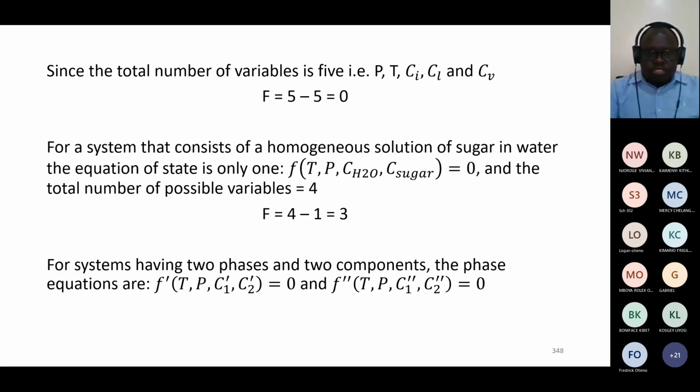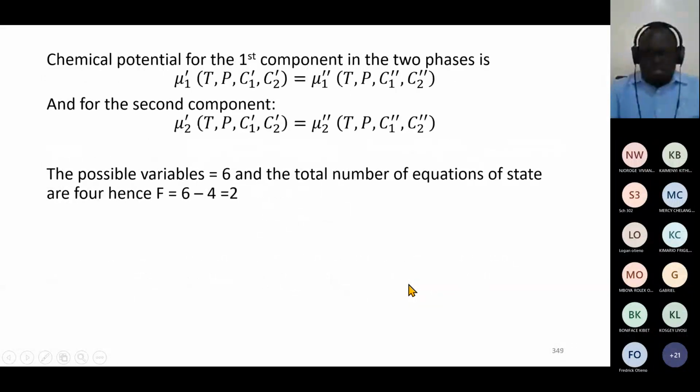So for the total number of equations, here we have 2 phase equations because we have 2 phases, and we have 2 chemical potential equations because we have 2 components in the 2 phases. So for the total number of variables, we have 1 temperature, pressure, C1 prime, C2 prime, C1 double prime, and C2 double prime.